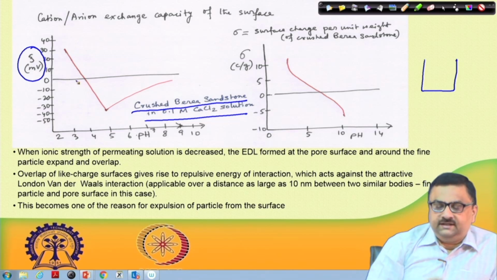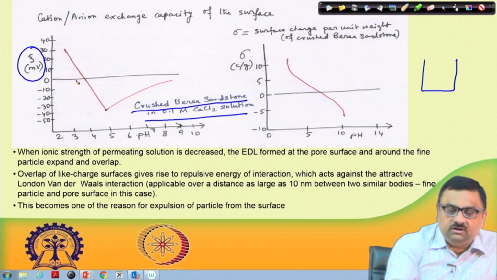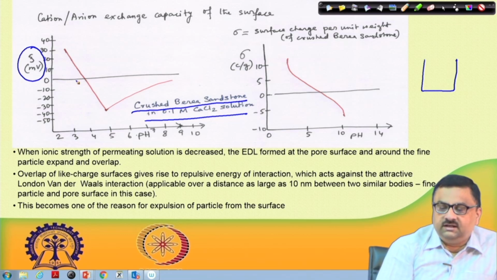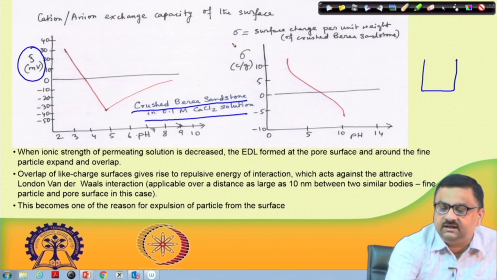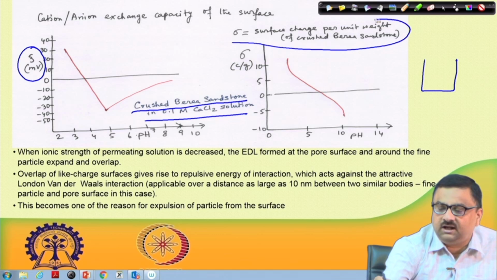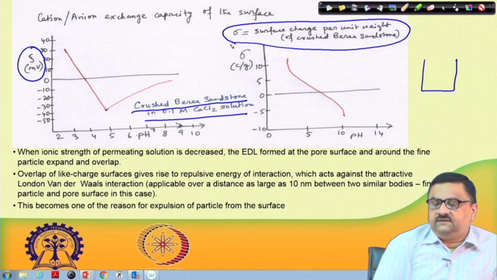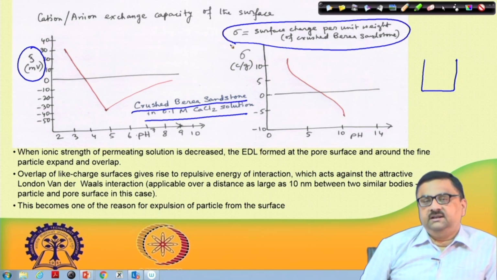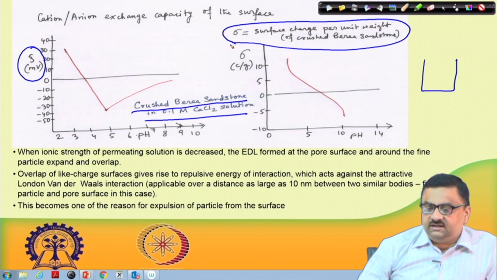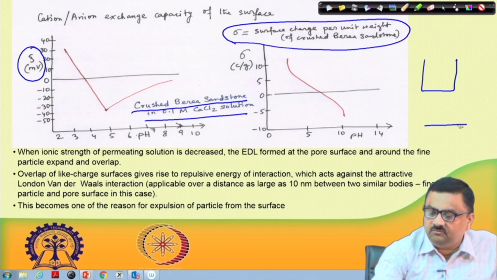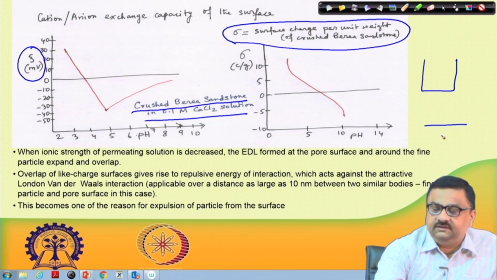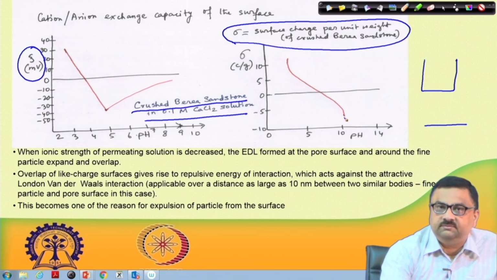Because of this change in zeta potential, one can also define the surface charge per unit weight of crushed barrier sandstone. The surface charge that develops is also going to change with pH.